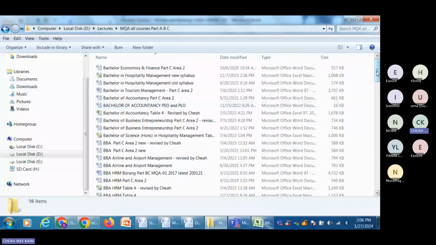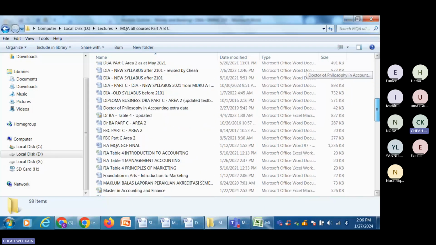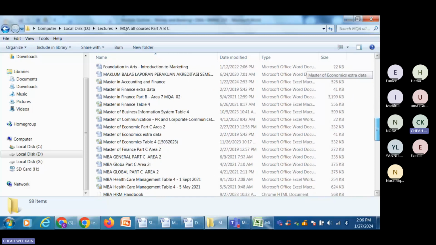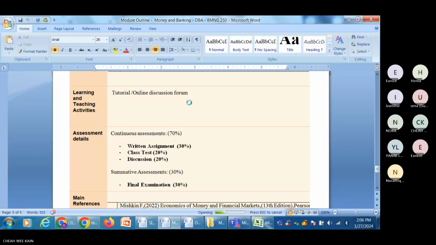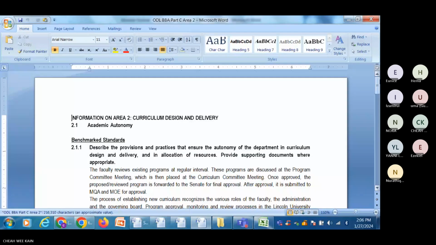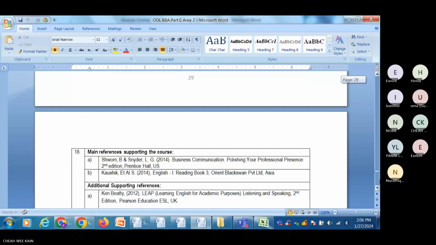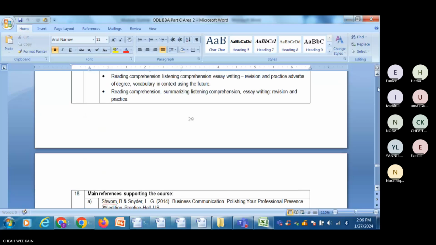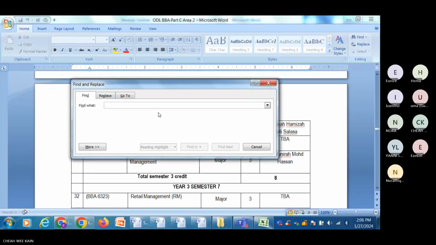It's like that because of your syllabus. I don't know whether your lecturer showed you or not. I'm looking at the DBA, ODL. Let me look at it first. Money and banking, fine.